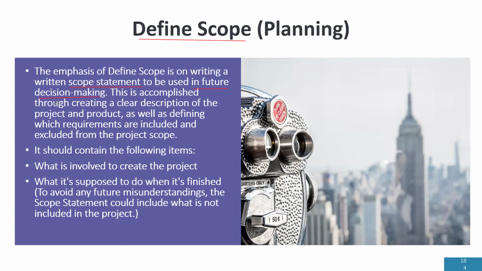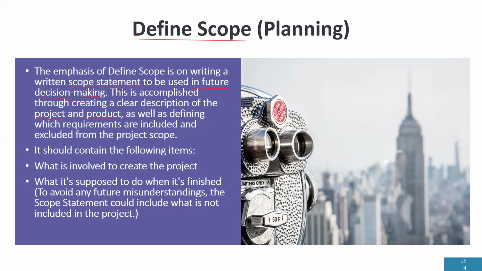Now, this is accomplished by creating a clear description of the project and product. What do we call a clear description of the project? That's the project scope. And what do we call a clear description of the product? It's the product scope, which means the scope statement should have both the project scope and product scope in it. Description of the work, description of the product.